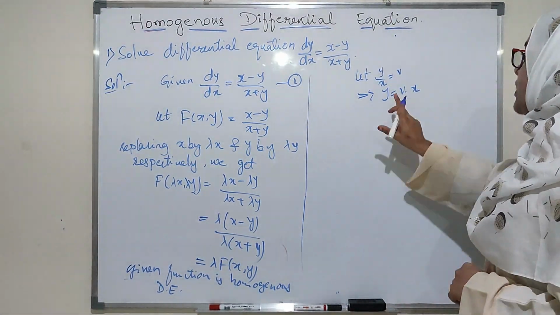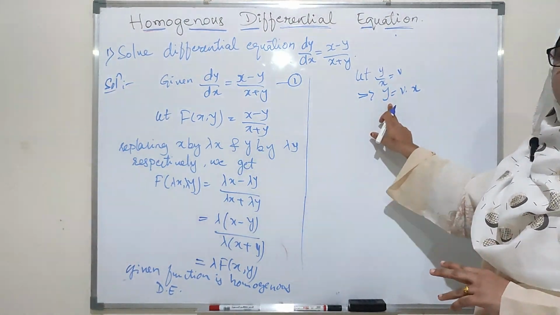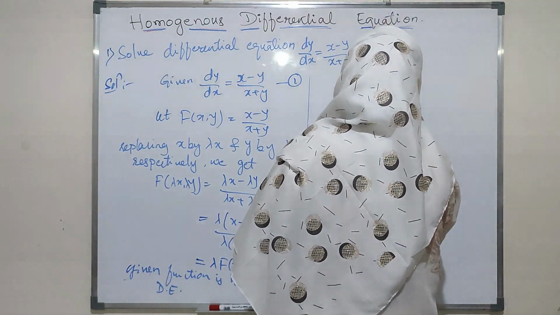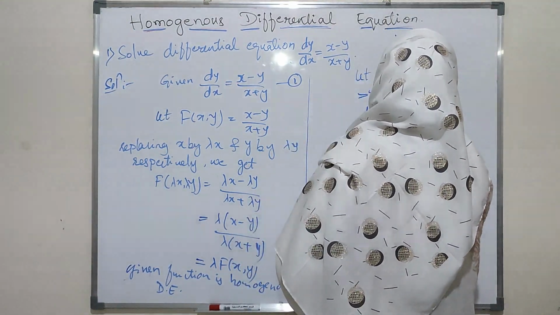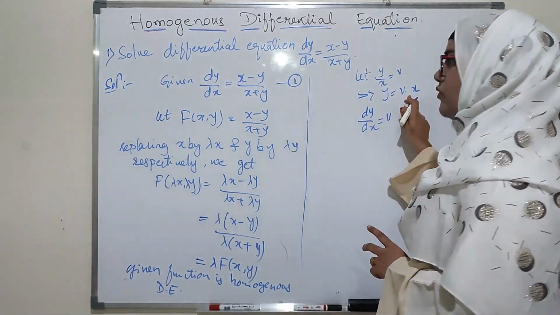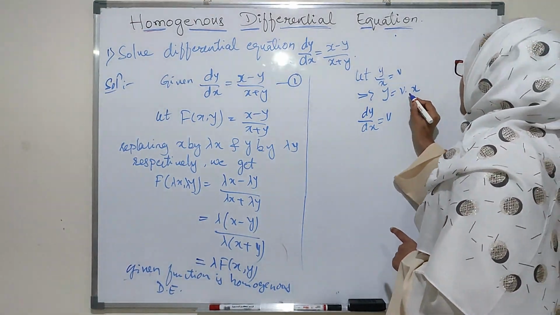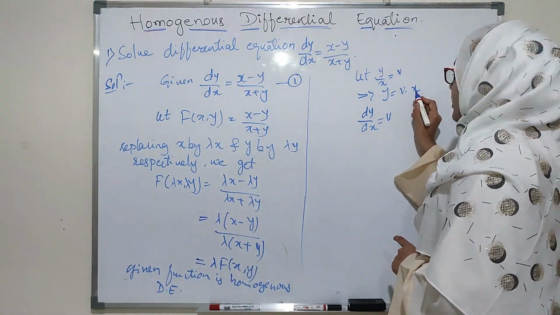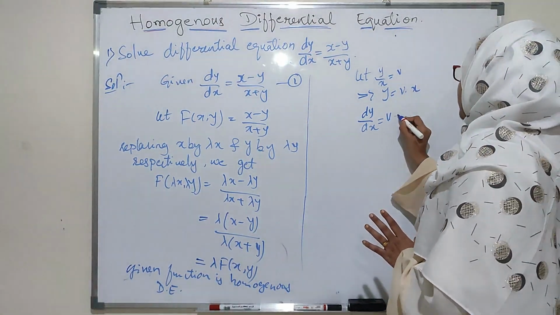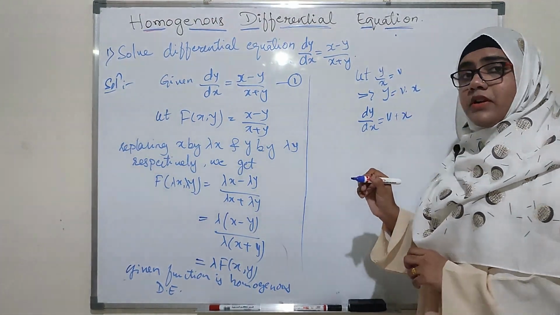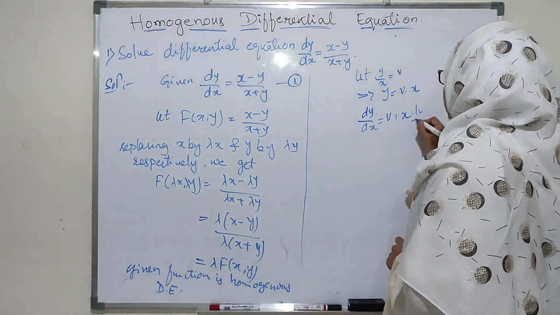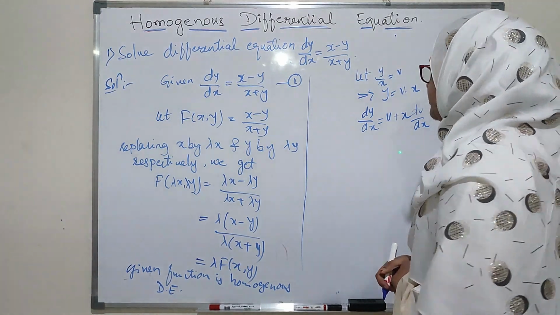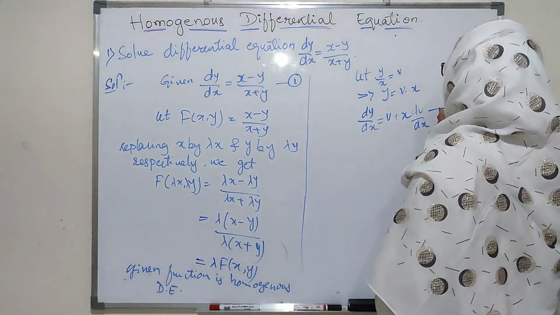Now differentiating this with respect to x, we get dy by dx is equal to v into x; we have to apply the product rule here. The first term keep as it is, differentiation of the second is 1, plus x times the differentiation of v, which is dv by dx. Name this one as 2.